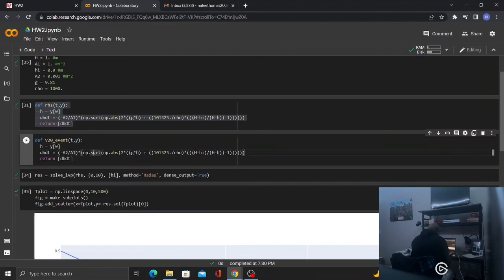But now all we need here is everything that is inside this square root, and we will be calling it v2.